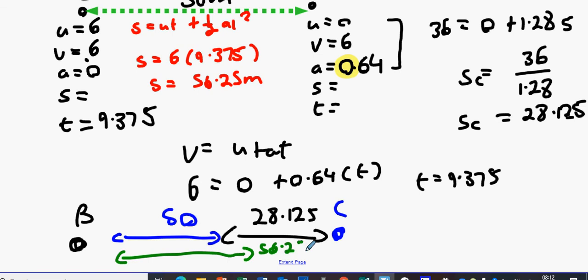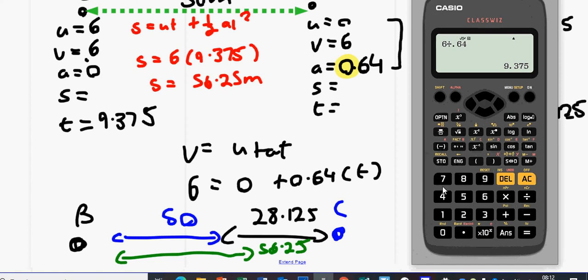So you're going to have to add your 50. So the car has gone this far away from the bike. And we haven't taken into consideration what the bike traveled yet. That's how far the car would be if the bike didn't move at all. But now the bike has moved 56.25, and you get an answer of 21.875 meters for how far your car is ahead of your bike. Good. All right.